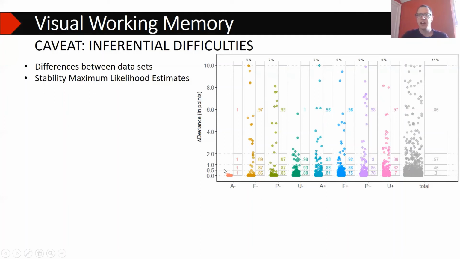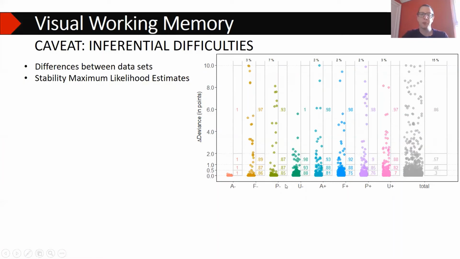And if you have a threshold of one deviance term, where you assume that if models are that close to one another, the fit of that model to that data set is quite stable, you see that quite a lot of data sets are unstable in all the models.